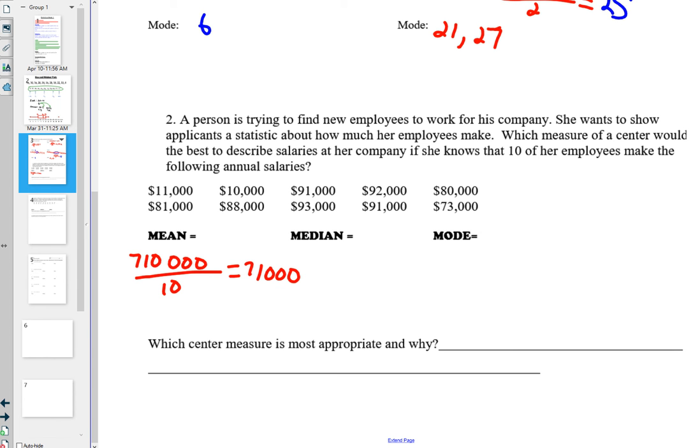The median, you have to put them in order. I guess they kind of are in order since there's 10 of them. It's these two in the middle. I know it's not perfectly in order, but I'm trying to save time because the bell's about to ring. 81 and 88 are the ones in the middle, you think?